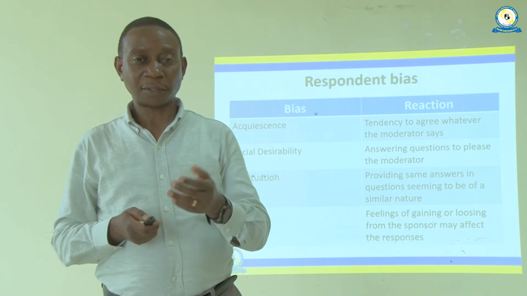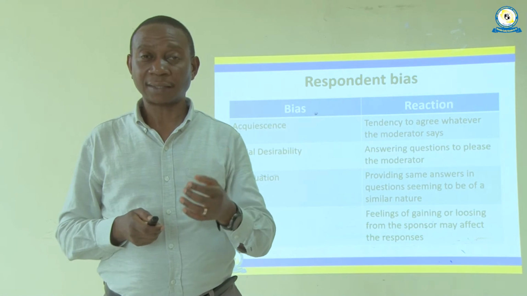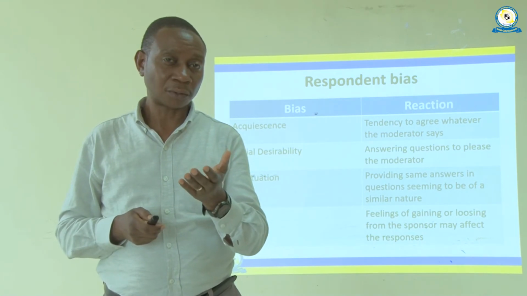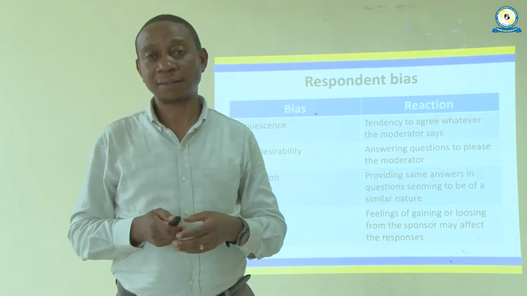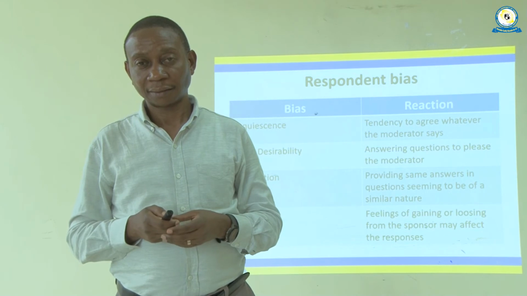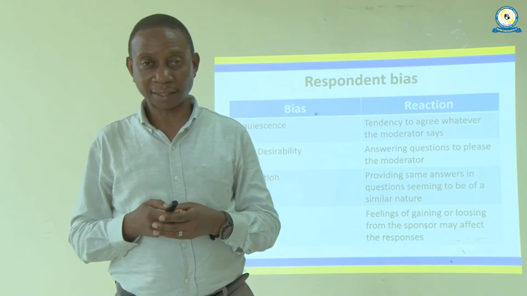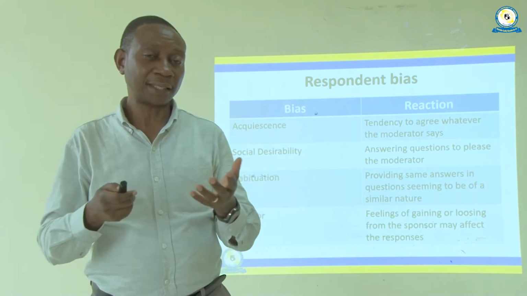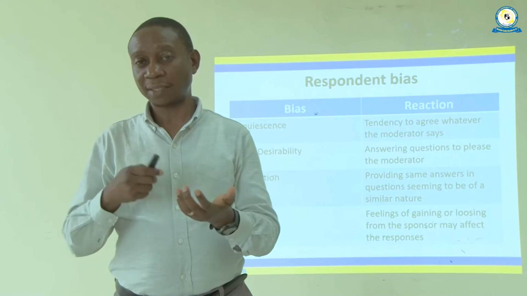Another respondent's bias is response bias. Some respondents look at who is seeking the information, and from which organization the information is needed. Then they feel of getting awarded, being funded, being paid, and the vice versa is true.